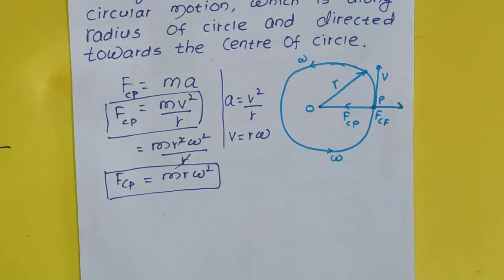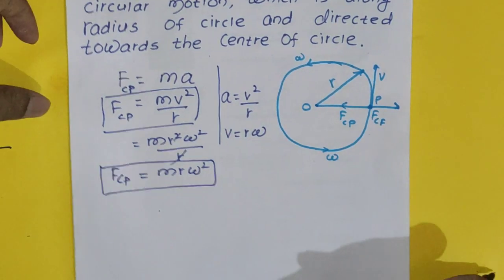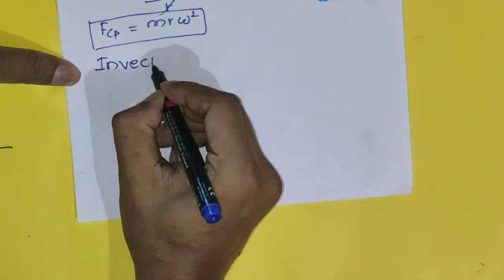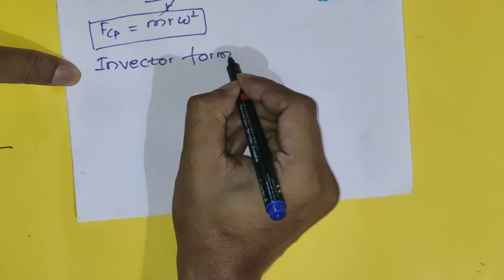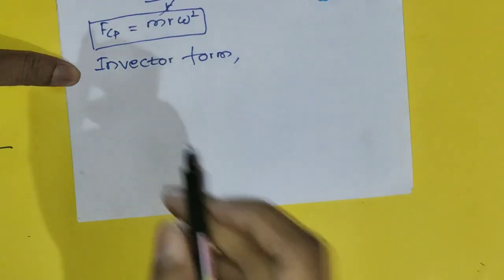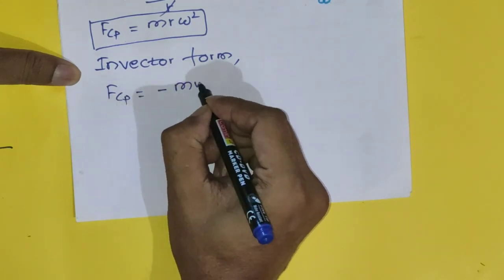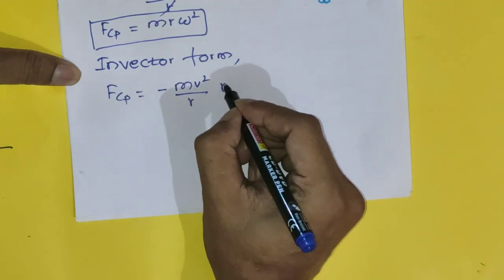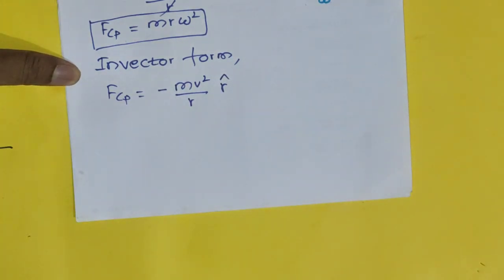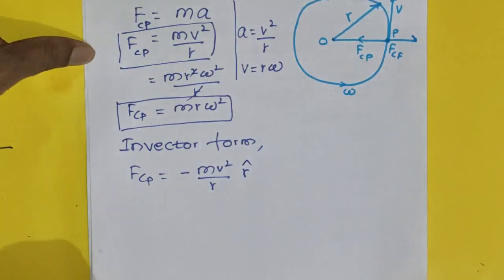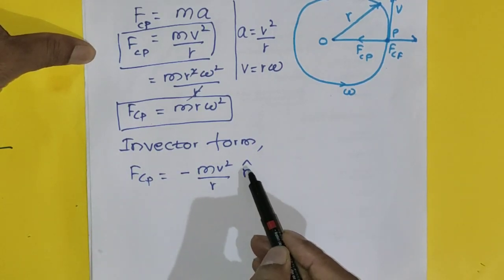In vector form, this equation can be written as Fcp is equal to minus mv square by r into r cap. So why here negative sign and r cap? We have the centripetal force equation, that is mv square by r, but when we are finding it in vector form, we have the negative sign and r cap.